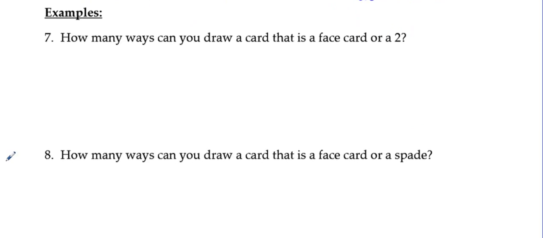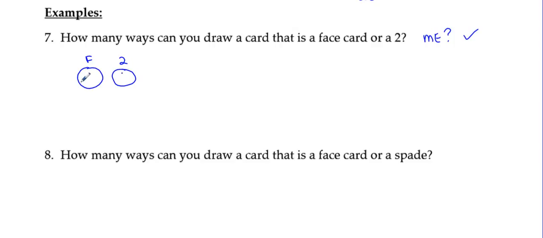Here's a couple of examples. How many ways can you draw a card that is a face or a 2? So, are these mutually exclusive? They are, because there is no way for a card to be a face card and a 2. So your Venn diagram would look like this.